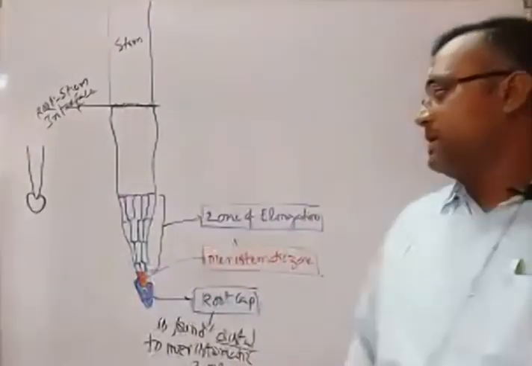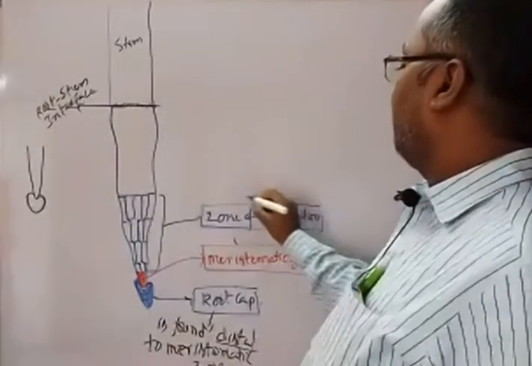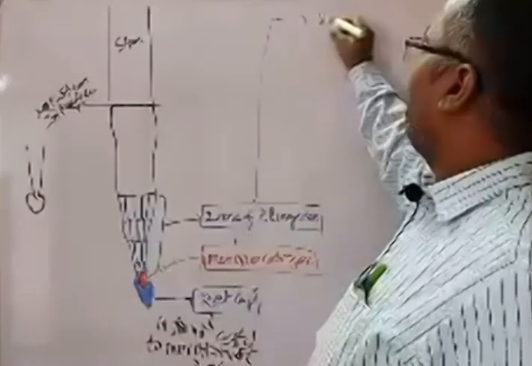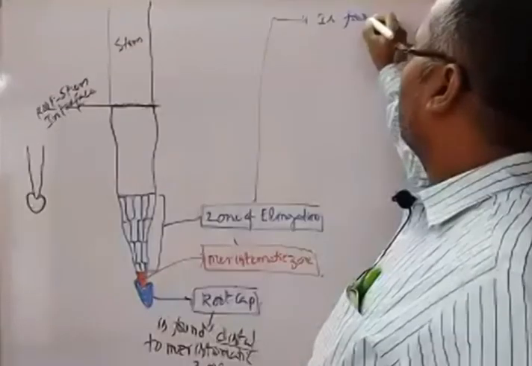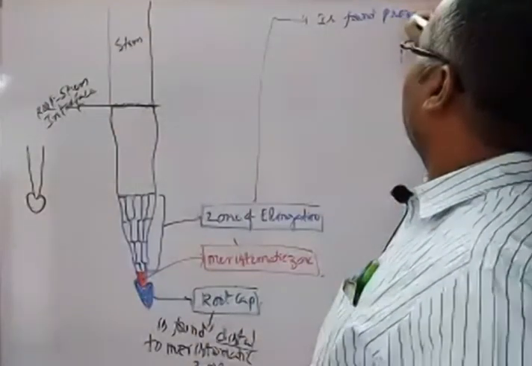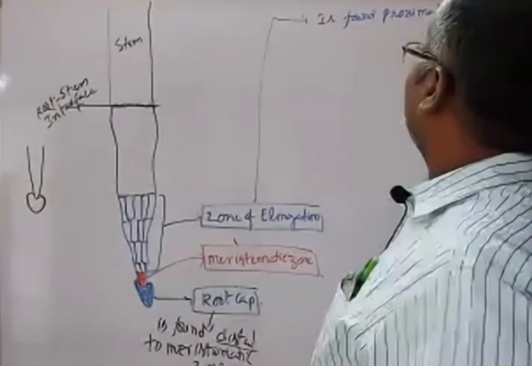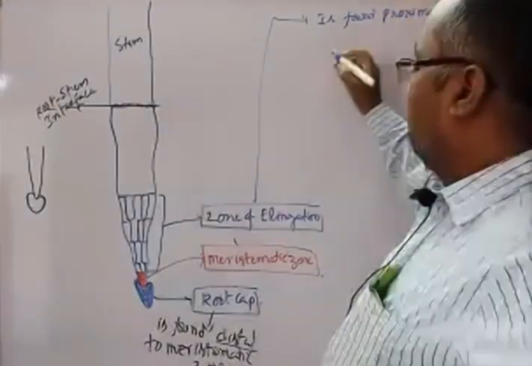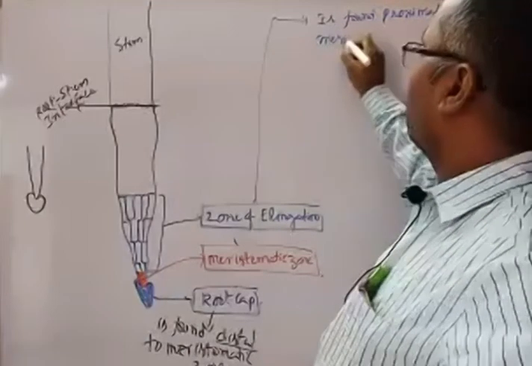So where is it present? This zone of elongation is found proximal to the meristematic zone.